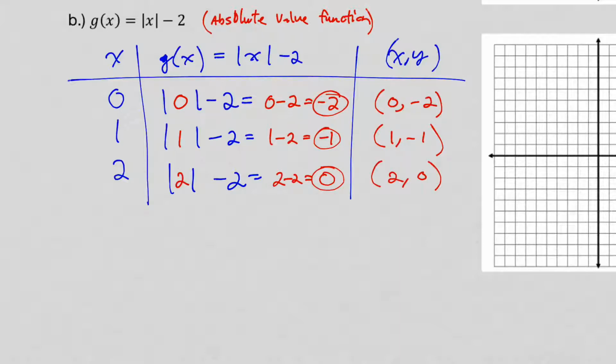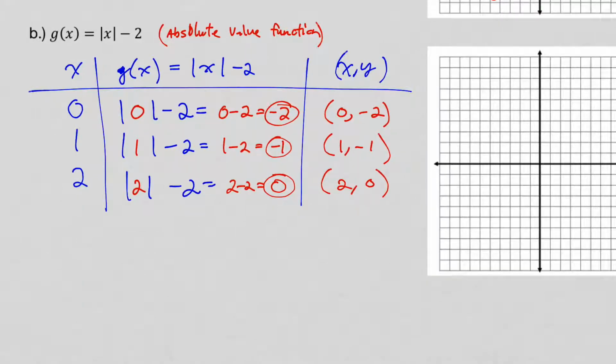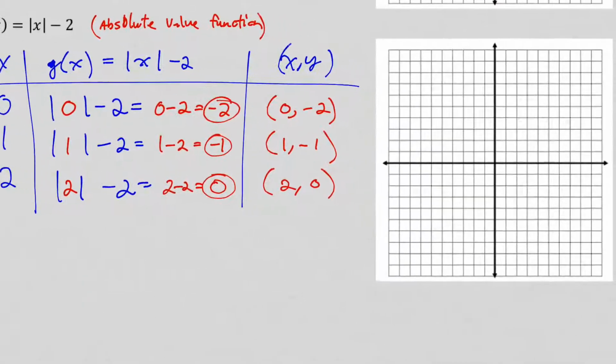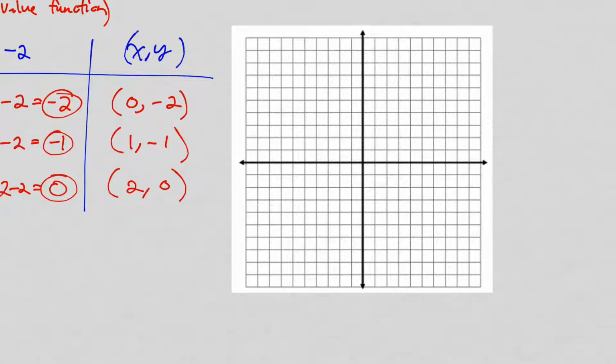So let's say you're creating a chart, because you can choose whatever values for the x that you want, and you're just going to find the corresponding y value. And you go to graph, you may say, hey, this is just a linear function. I'm just going to connect the dots and go on my merry way.